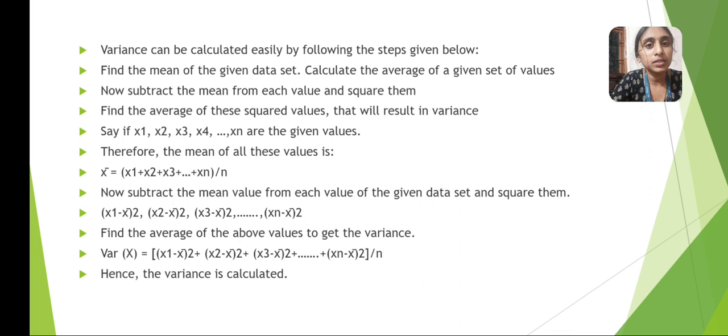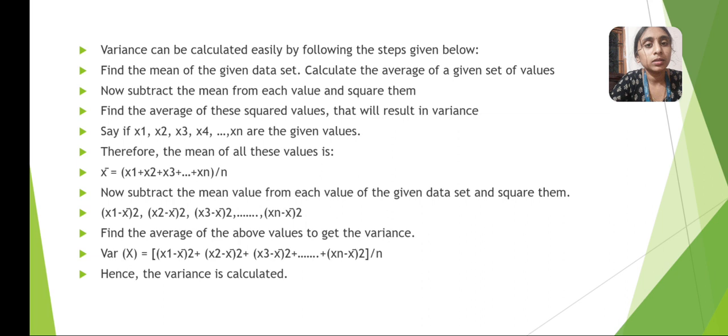Therefore, the mean is x bar equals x1 plus x2 and so on up to xn, divided by n. Now subtract the mean value from each of the given data and then square them. So (x1 minus x bar) whole square, (x2 minus x bar) whole square, (x3 minus x bar) whole square, and so on up to (xn minus x bar) whole square.